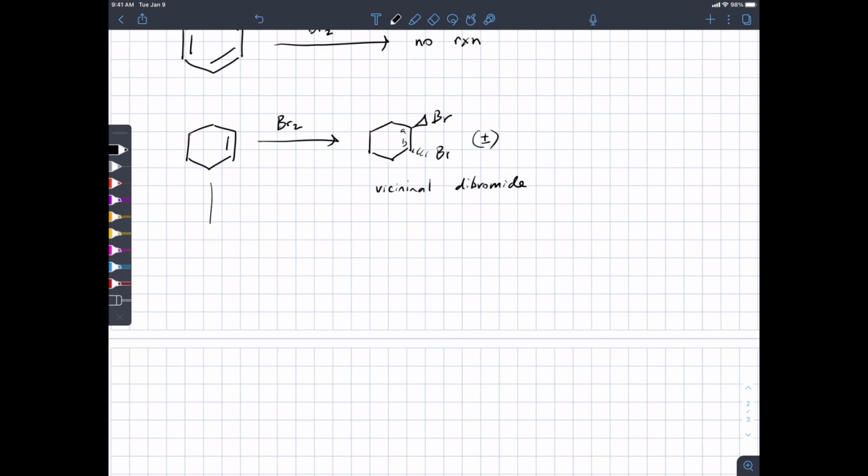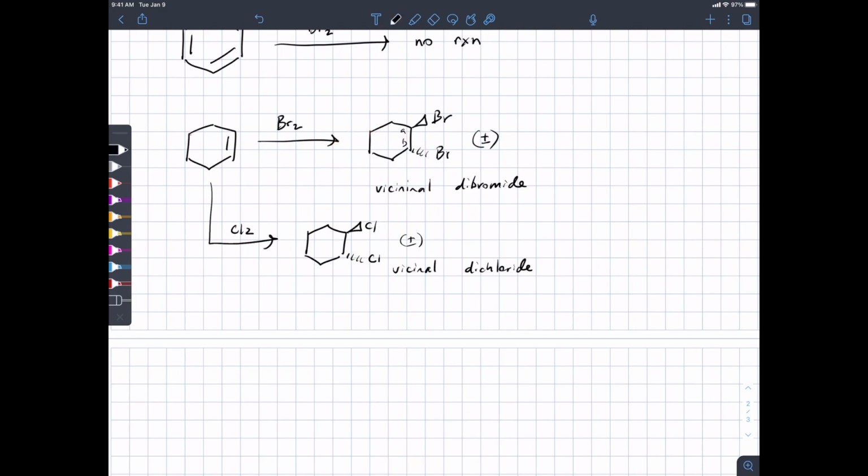Of course, if we did halogenation with Cl2, you would also end up with the vicinal dichloride. So vicinal dihalide is the product. Sometimes it's useful to recognize structural patterns in products and associate them with specific reactions.